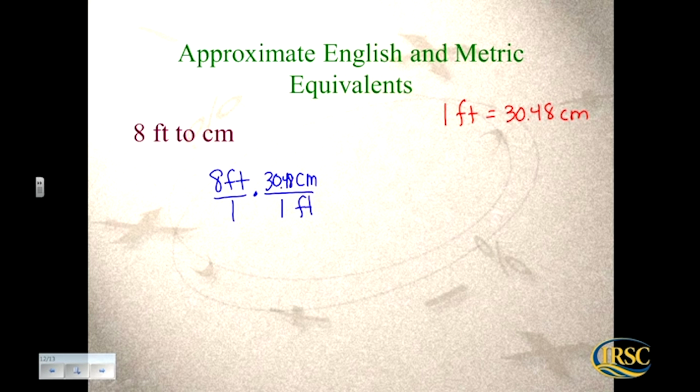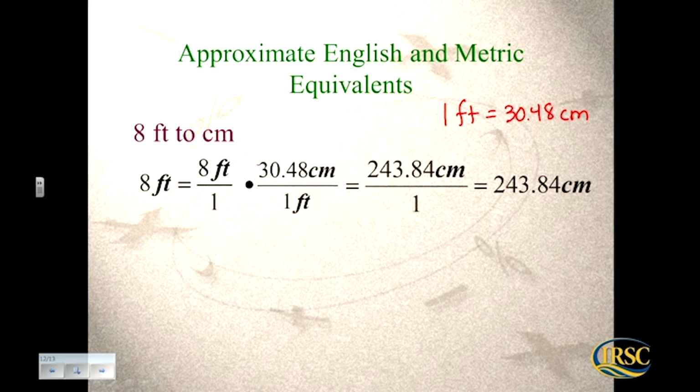And now you know that you're supposed to multiply. So the feet cancel and do 8 times 30.48. Okay, so you get 243.84 centimeters. We only had a 1 in the denominator, so we can drop that. And there is your answer. And this is exact because those conversions between feet and centimeters were exact.